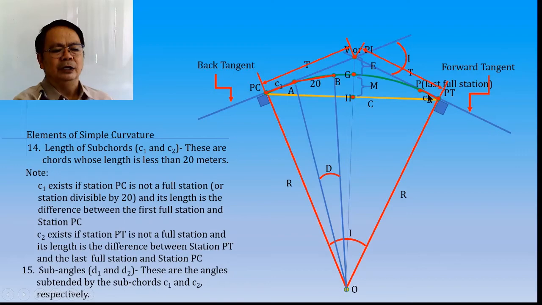Ganon din dito. Then this angle is D sub-1, while this one, the other one, is D sub-2.